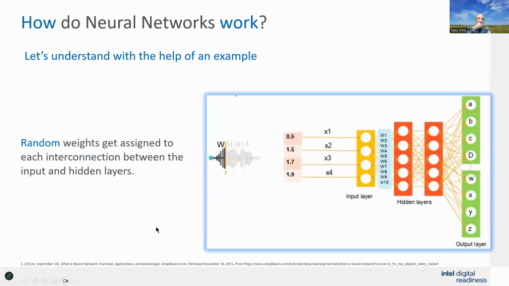Then it says random weights get assigned to each interconnection between the input and the hidden layers. In other words, allowing each one of these neurons to interact with the hidden layers and every possible pathway route that could be followed, whether or not it makes sense. The possibility is there, right? It doesn't make sense to go to Appleton and go to Madison, but you could if you had to.